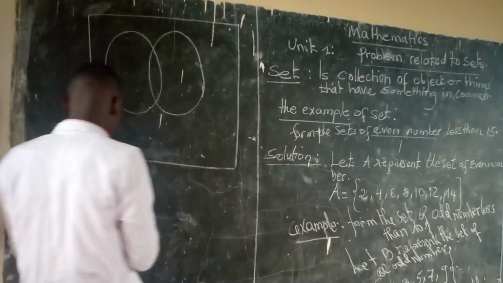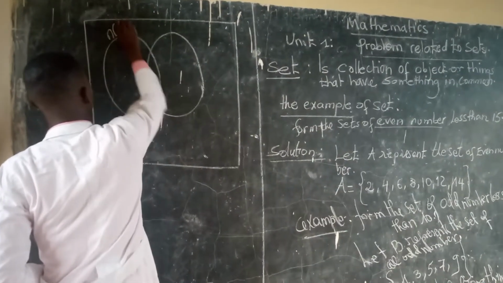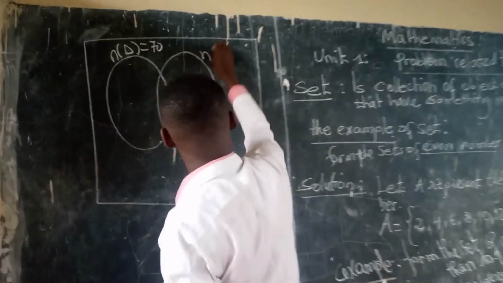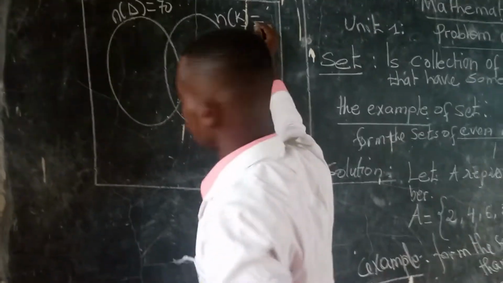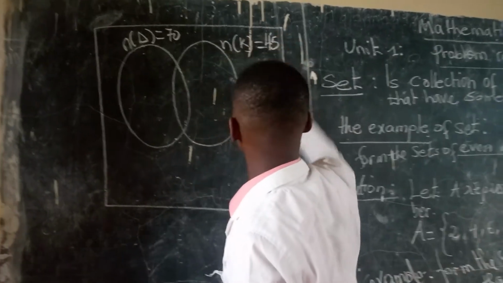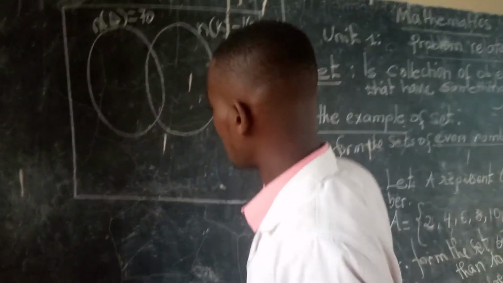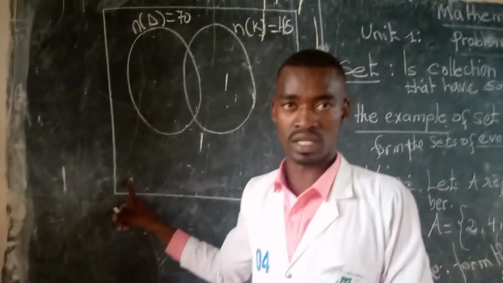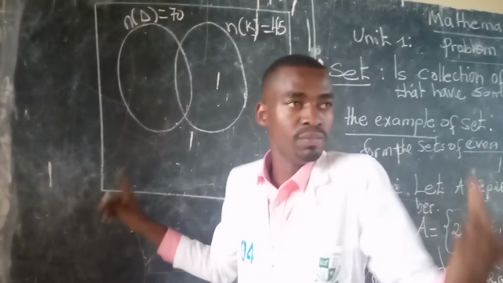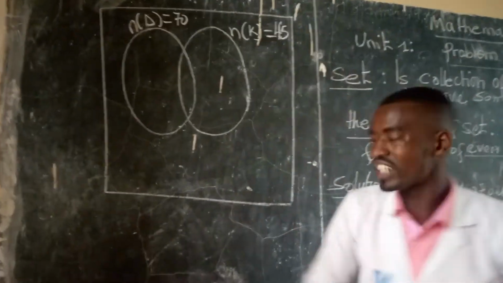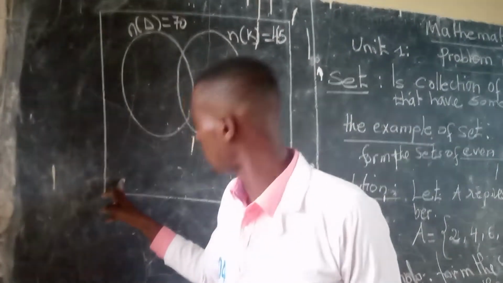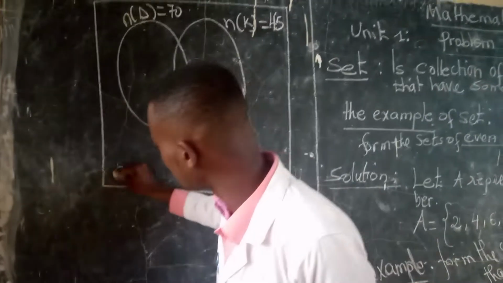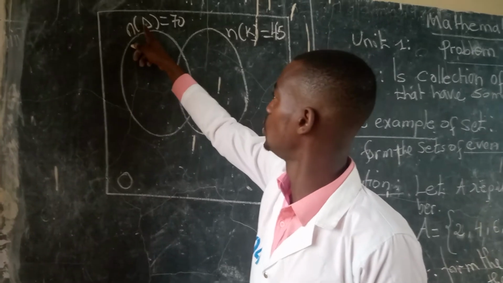So if I say ND, I have its number, it will be 70. NK, I have it, their number will be 45. Here is the place to represent the number of, can be the number of students or any number. So the number of doorbells and knockers neither will be represented here. We have here 0.